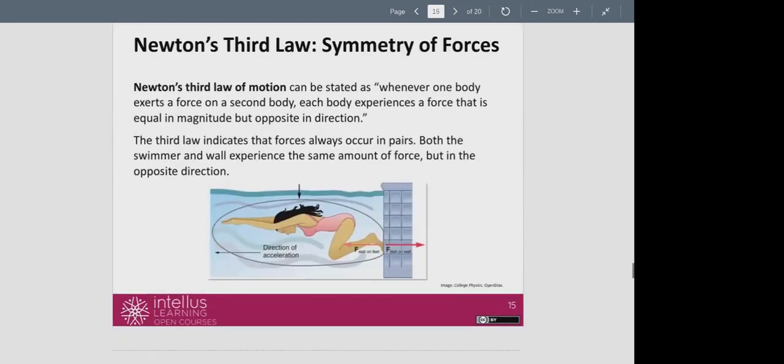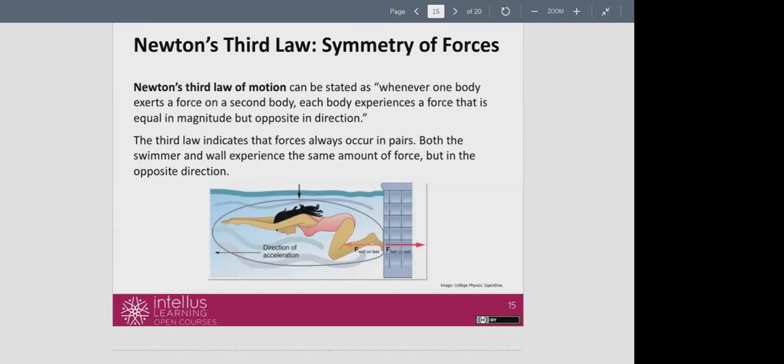Newton's third law. So Newton's third law deals with the idea that forces exist in pairs, and it looks at the symmetry of forces. And so we can state Newton's third law of motion by saying, whenever one body exerts a force on a second body, each body experiences a force that is equal in magnitude, but opposite in direction.